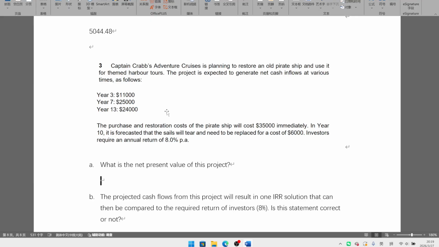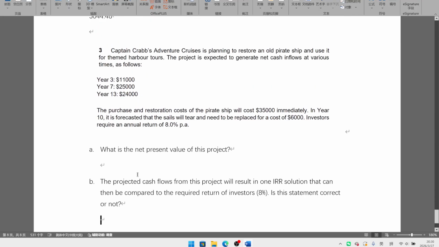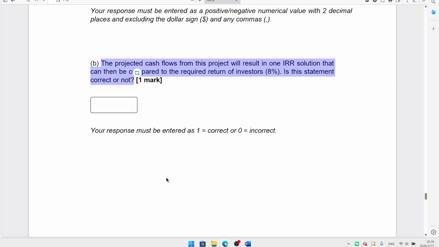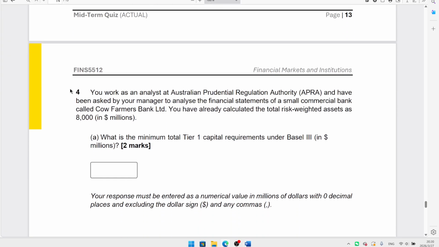N is 10, I is 8, future value is 6,000. So we compute the present value. Still 8,000. Are you kidding me? I think something was wrong with my calculator. So just skip it for the first time.